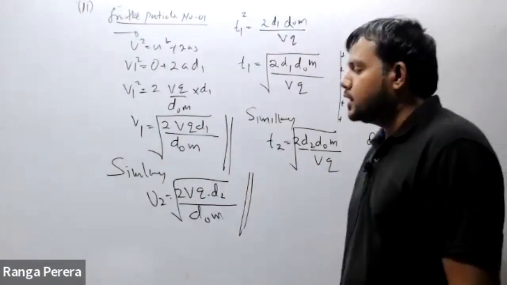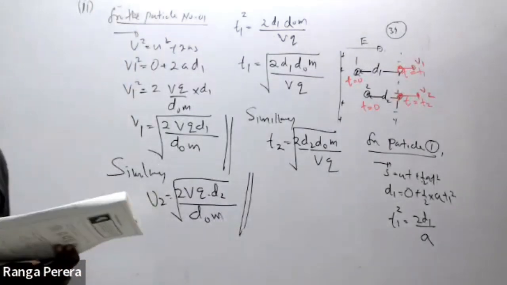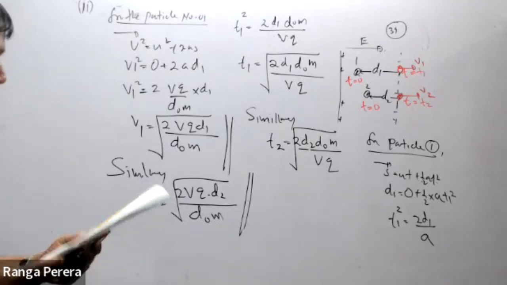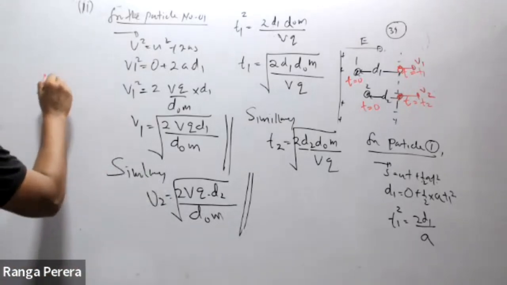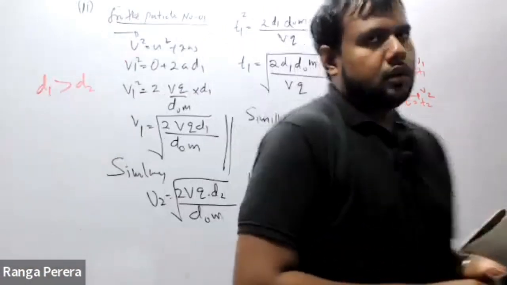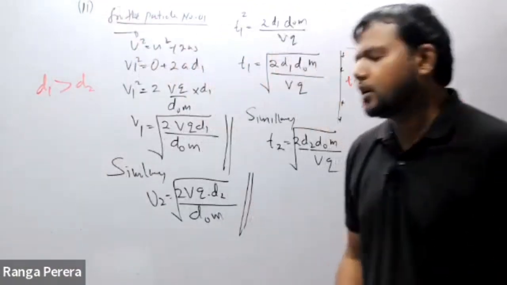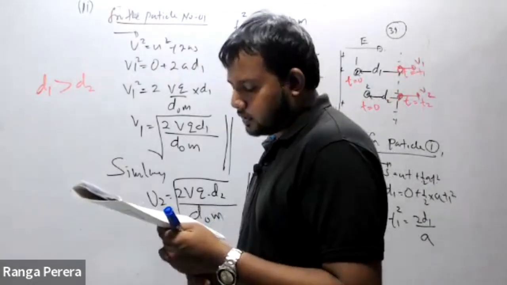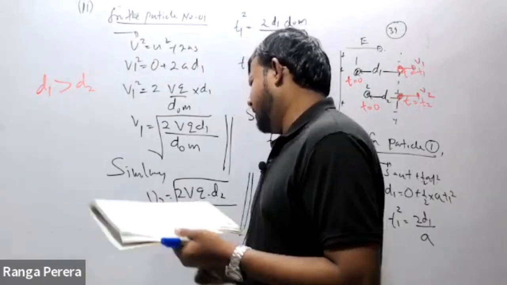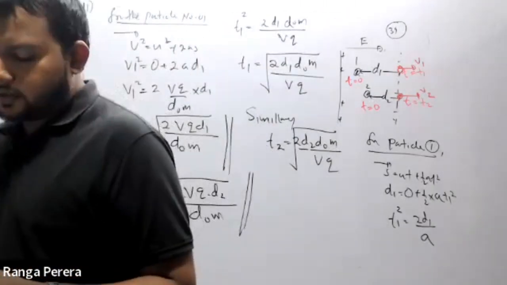Just write under that: since D1 is greater than D2, the speed of particle number 1, ion number 1, you can go with V1, no problem. Since D1 is greater than D2, V1 is greater than V2.